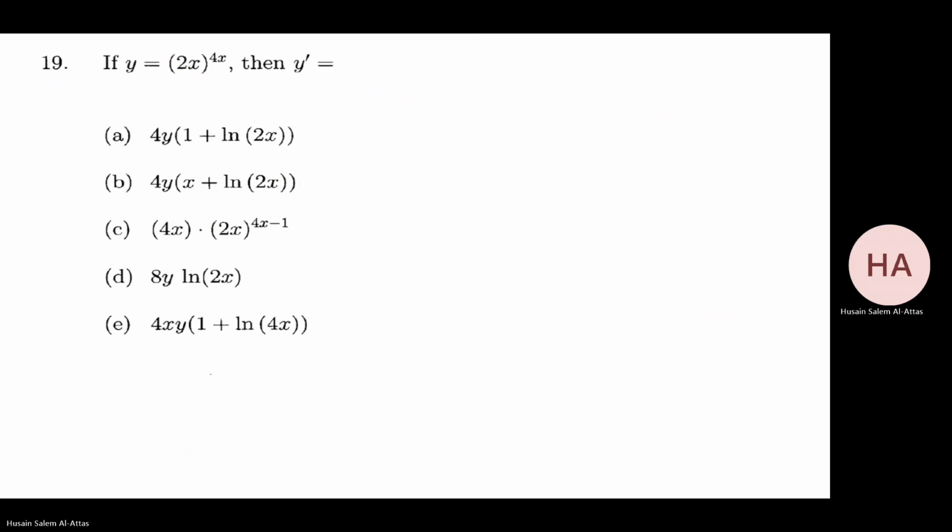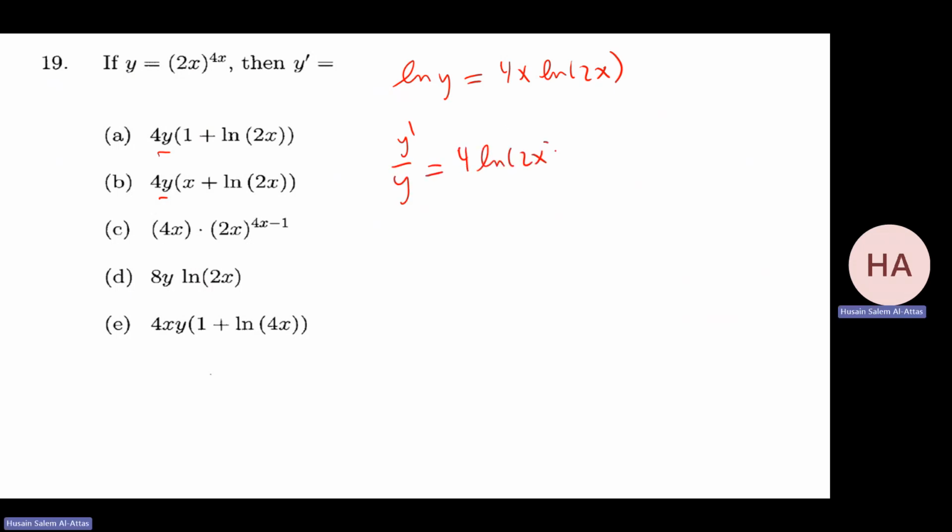Next, (2x) to the power 4x, find y prime in terms of y. Notice, I have ln y equal 4x ln 2x. What will be y prime over y? 4 ln 2x plus 4x over 2x.